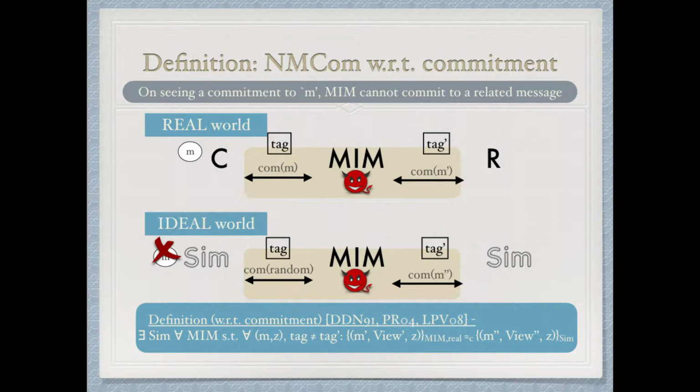And the actual definition also considers the view of the man in the middle. So the value committed together with the entire view of the protocol should be indistinguishable in the real and ideal worlds. I've put some things under the rug here, but that is the essence of the definition.